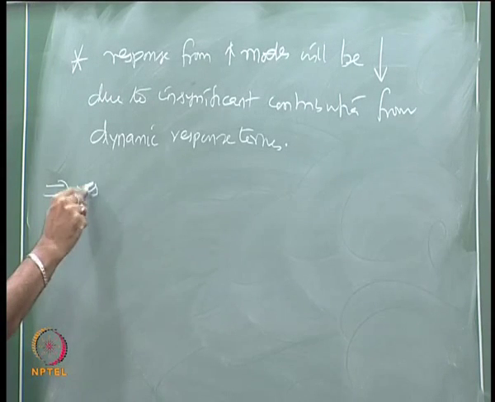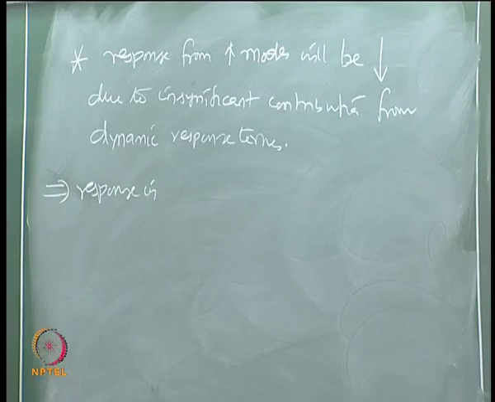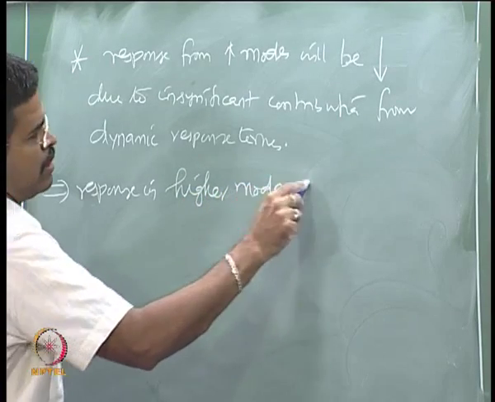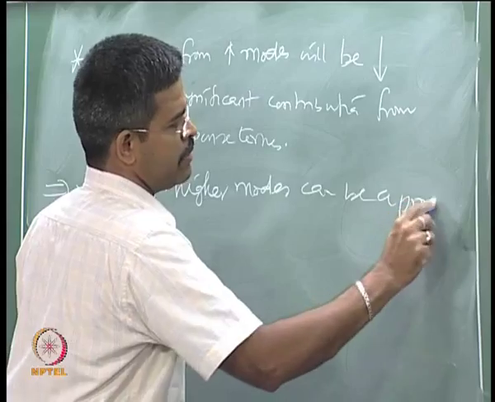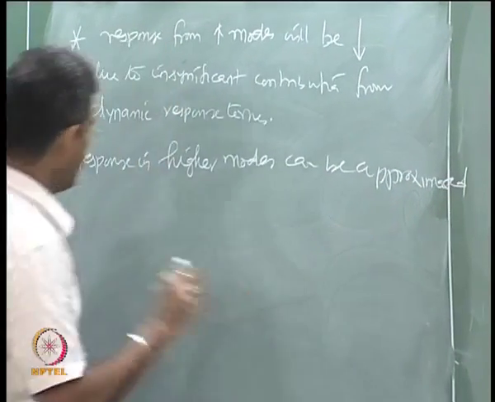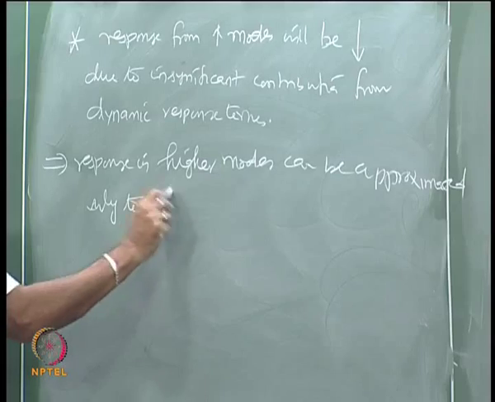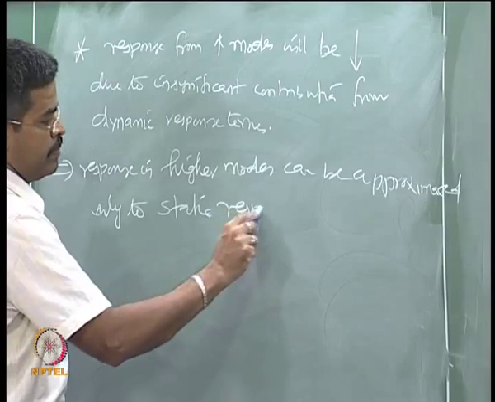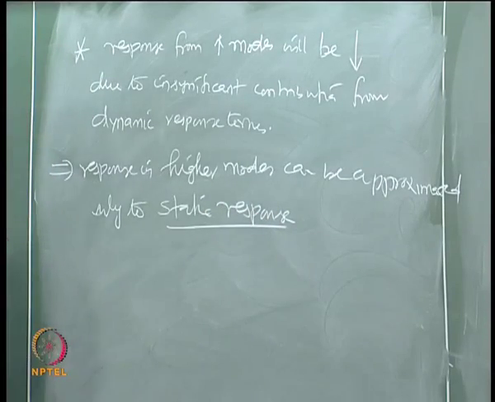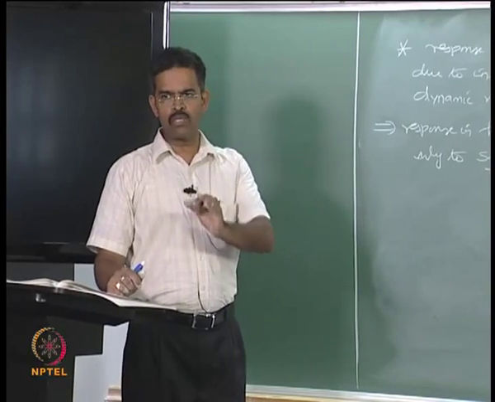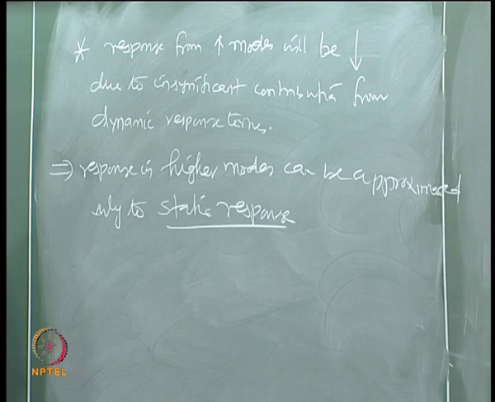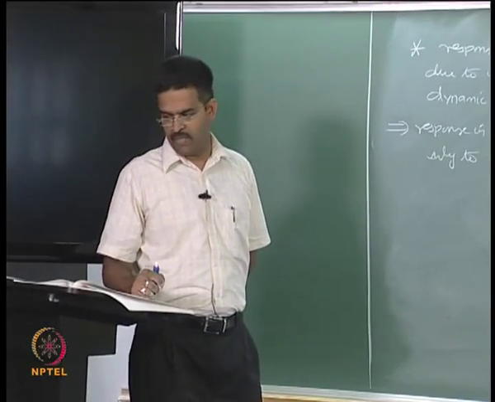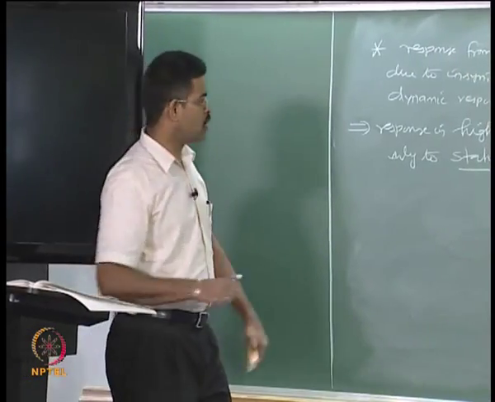Therefore, the response in higher modes can be approximated only to static response. What it means is, in the higher modes I do not have to look at the dynamic content of the response. Having agreed upon that, I will look only at the static correction, the numerator has f of s in the static correction. Let us work on f of s now.